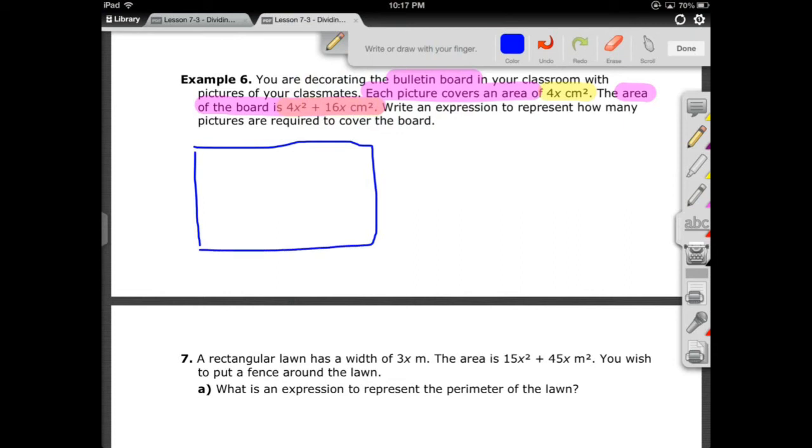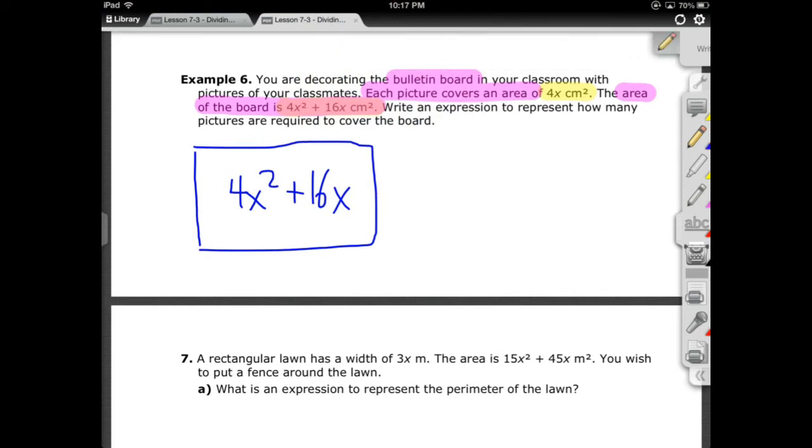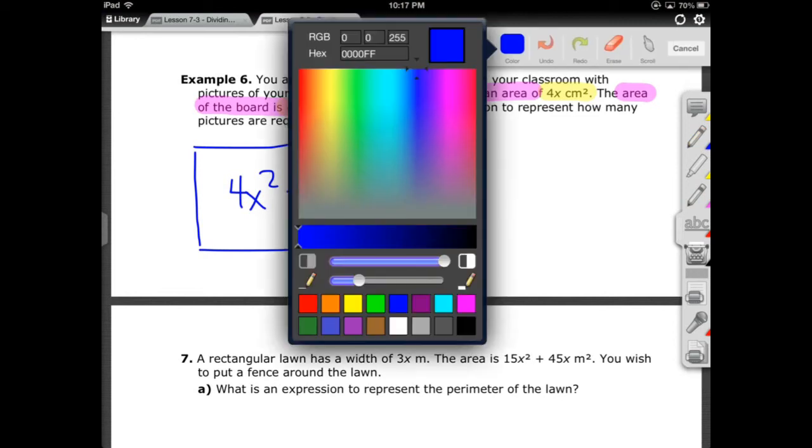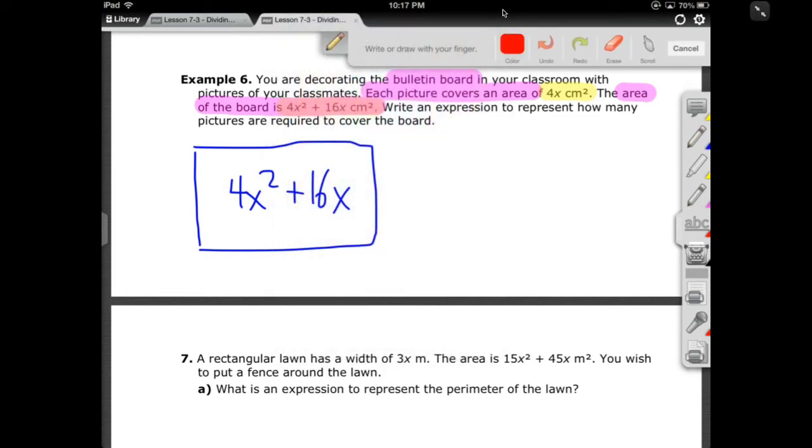Okay, so rectangular bulletin board with an area of 4x squared plus 16x, and our area is in square units, okay, in this case centimeters squared. And they said each picture, so let's switch pen color, each picture itself accounts for a little tiny piece of that area, little tiny chunk.